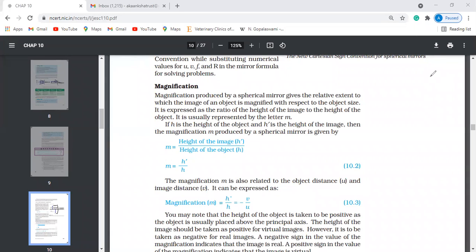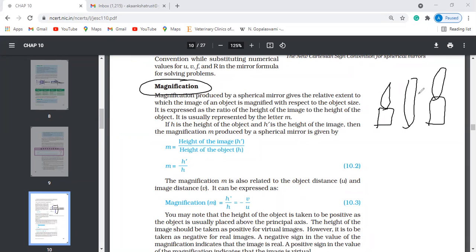It is magnification. Magnification in the sense, for example, if you have some object, for example a candle like this, and when you keep the lens here and see the candle on the other side, if the height of the candle is seen enlarged or bigger, then we call it magnified.